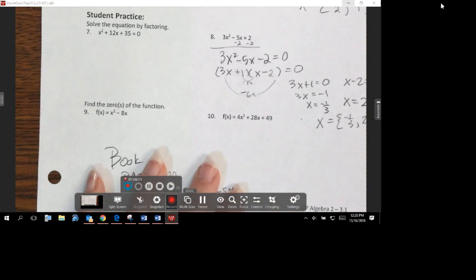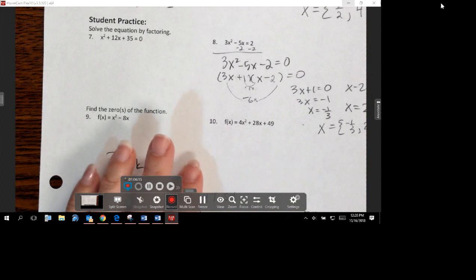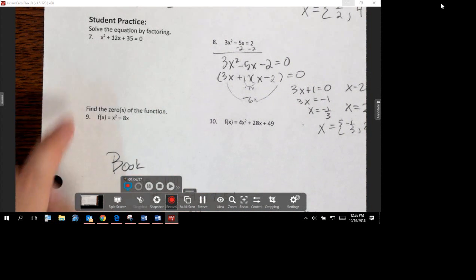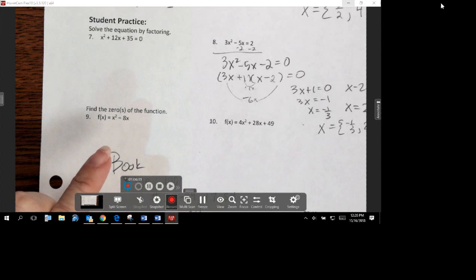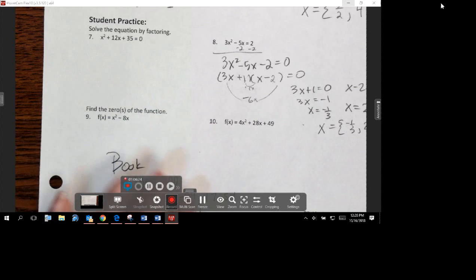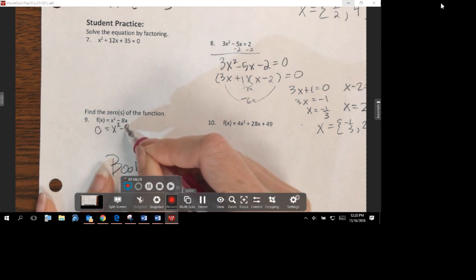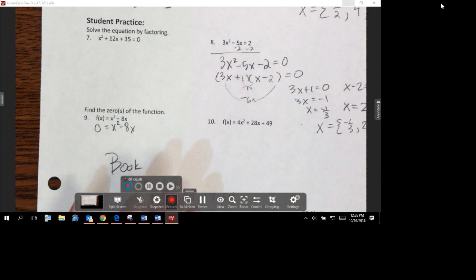How about number 9? Number 9 says, find the zeros. So do you see a 0 here? How do I make a 0 for this one? I take out f of x and I put in 0. And what's our first step of factoring?